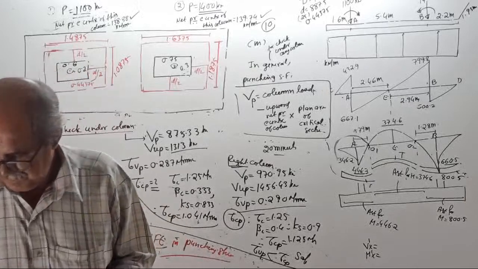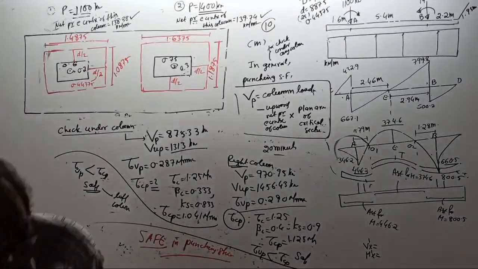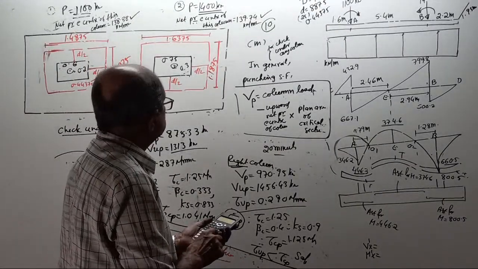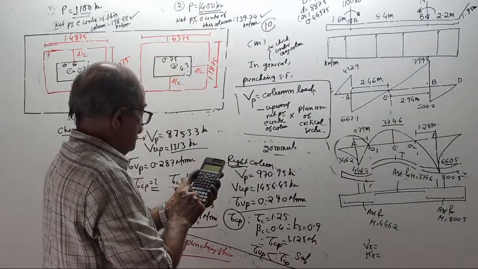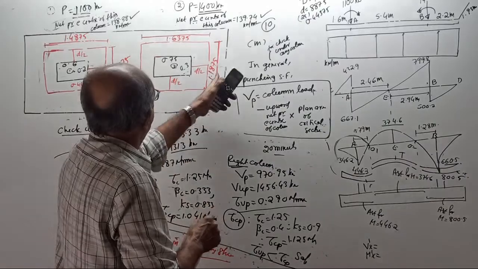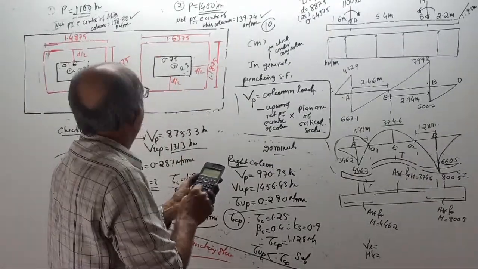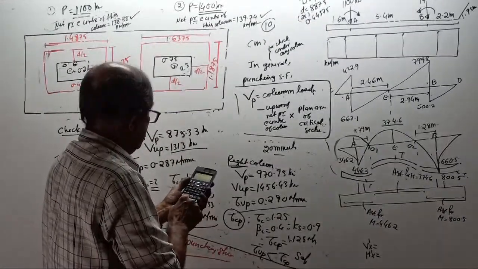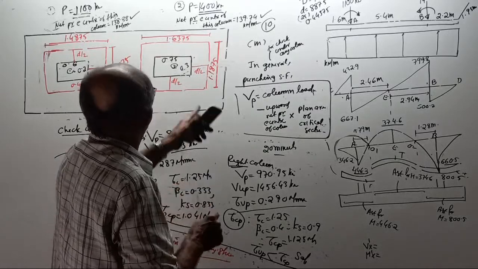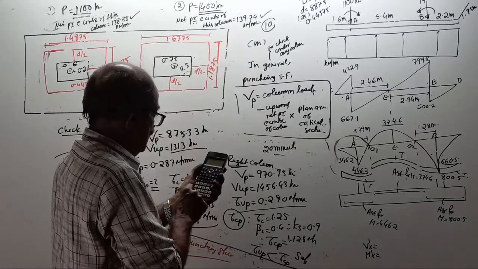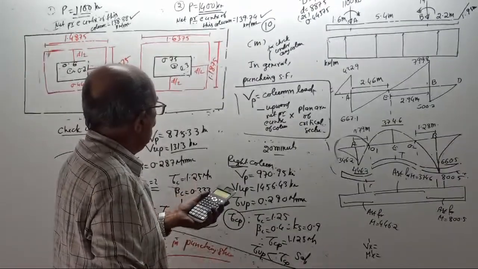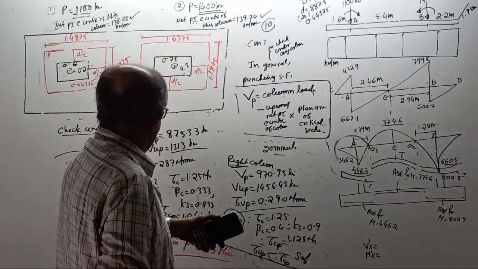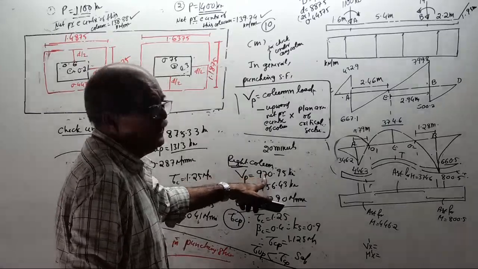Vp. Let me check it. Okay, not a big issue. Vp equal to, oh, it is coming 1128.